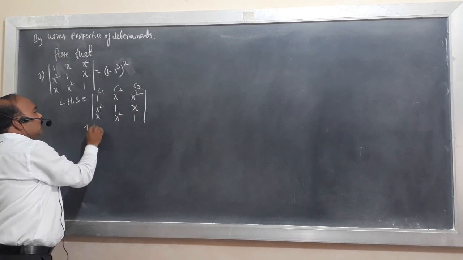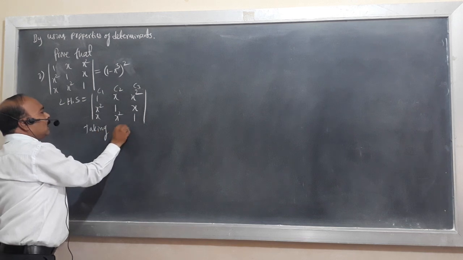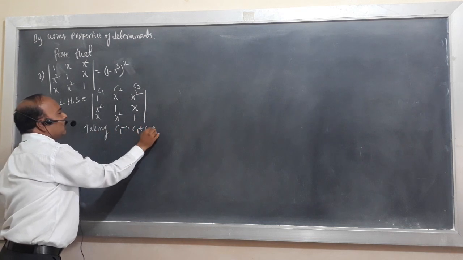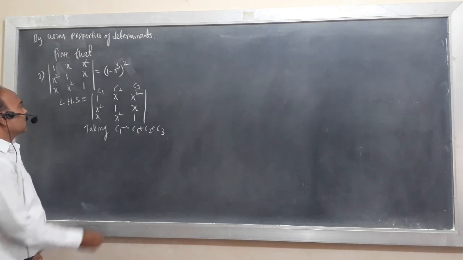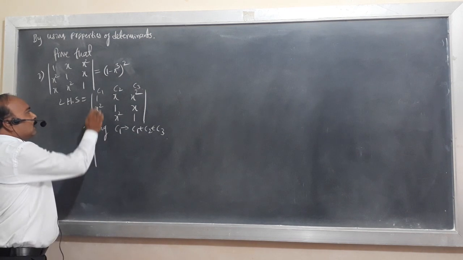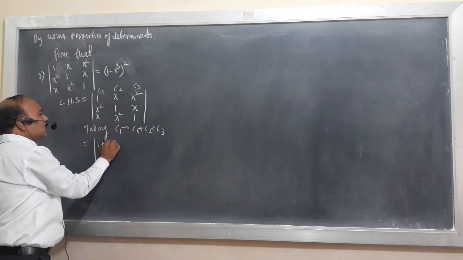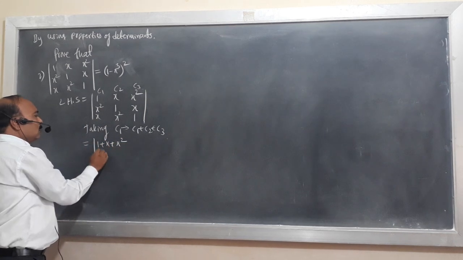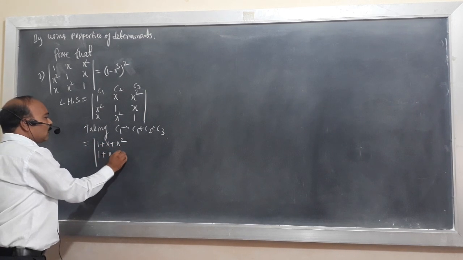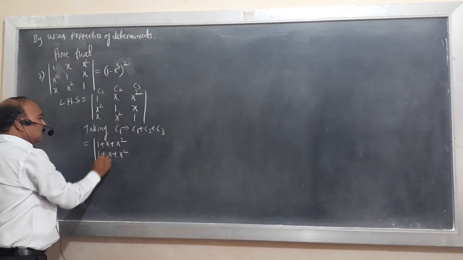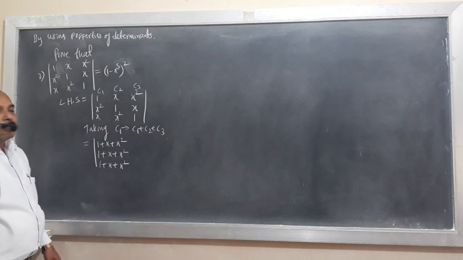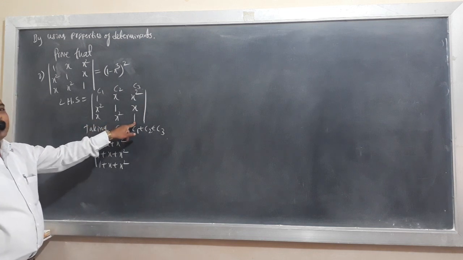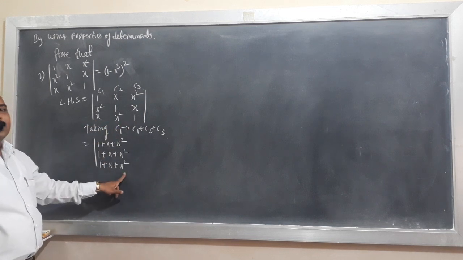I write taking C1 as C1 plus C2 plus C3. Adding all the columns to the first column, we get 1 plus x plus x square, again 1 plus x plus x square, and again 1 plus x plus x square.